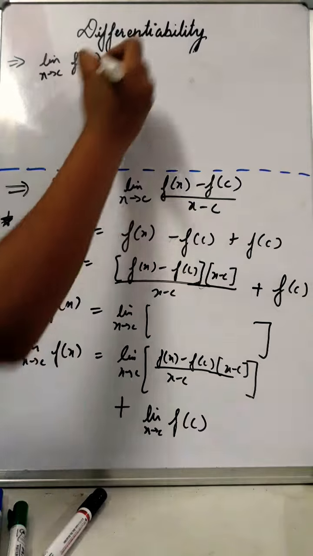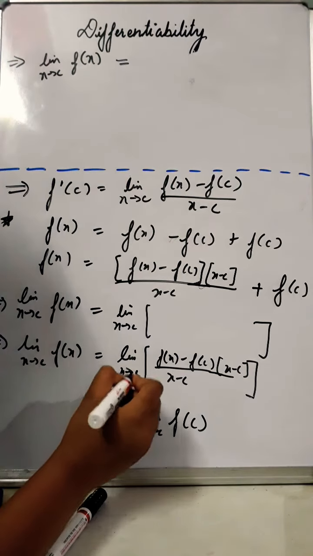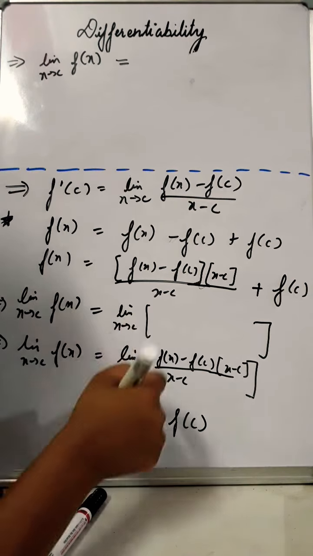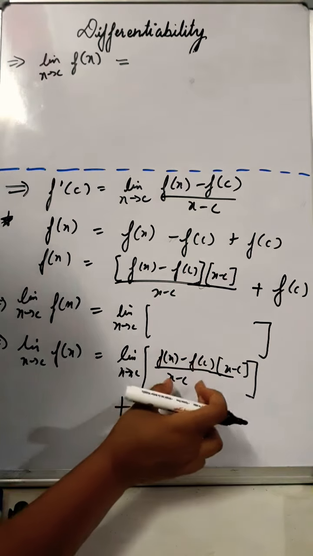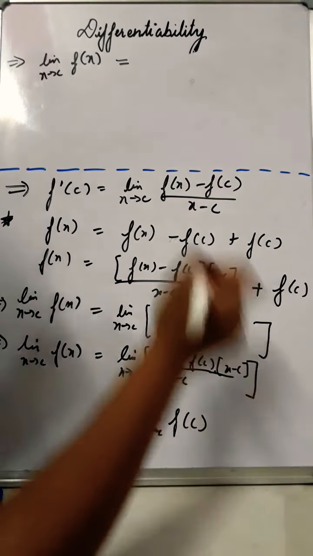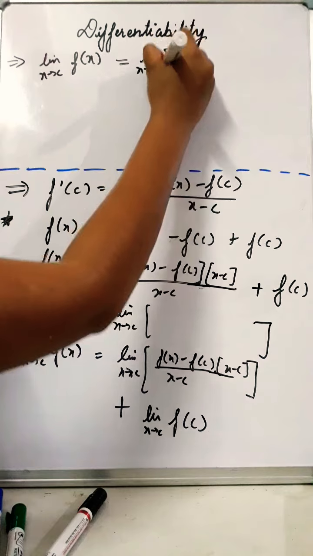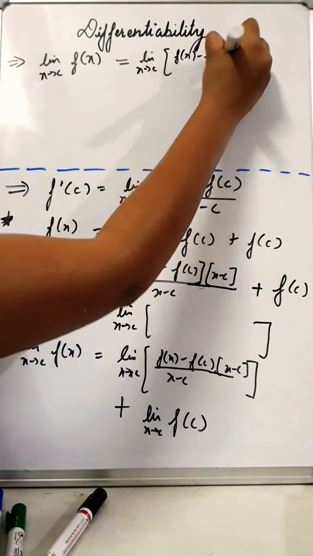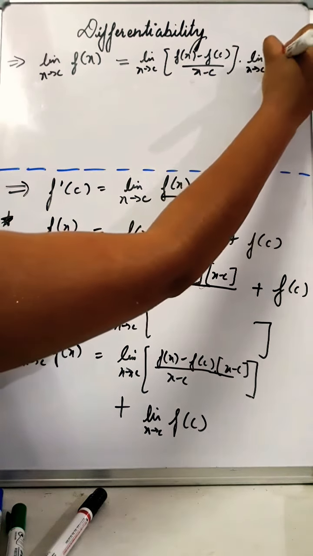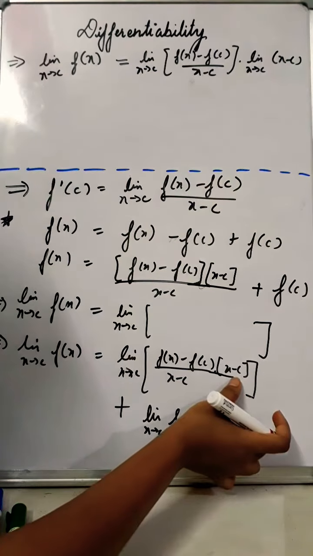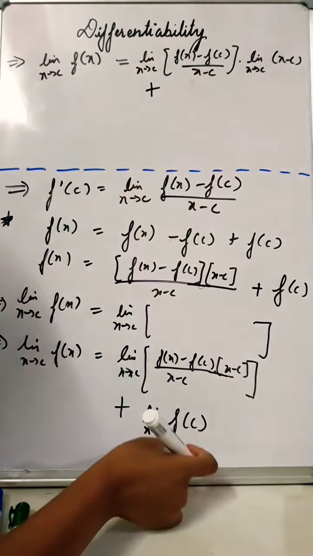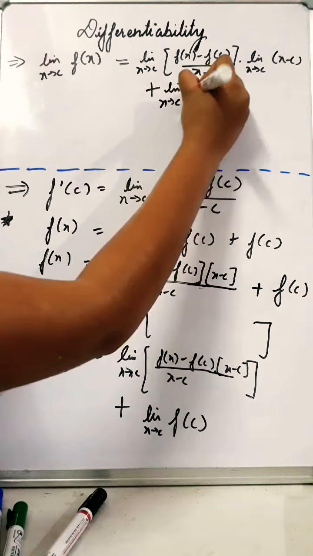When your x is tending towards c, we will do one more thing here. These are two terms in multiplication, so here also we split the limit. This becomes limit x tends to c of f of x minus f of c whole upon x minus c, into limit x tends to c of x minus c. This term is in multiplication with this whole term, so we have split the limit here too, plus limit x tends to c f of c.